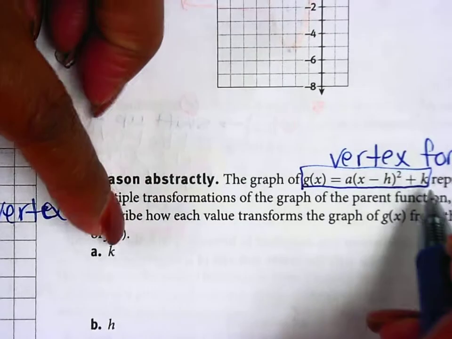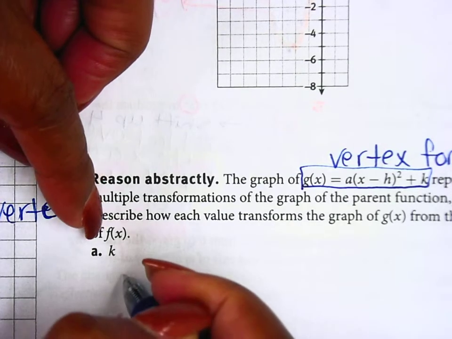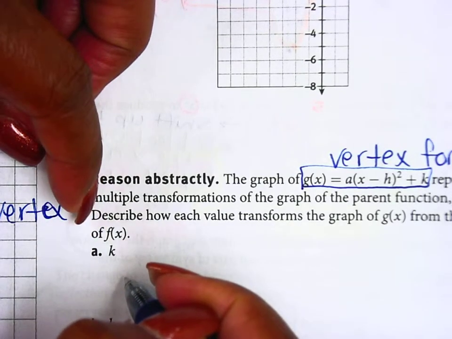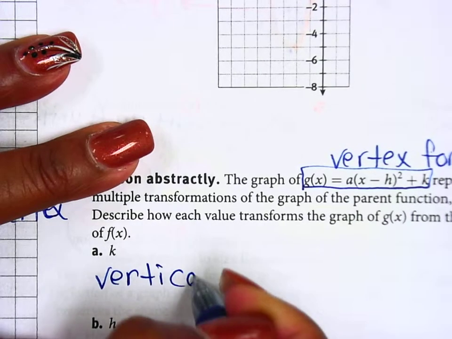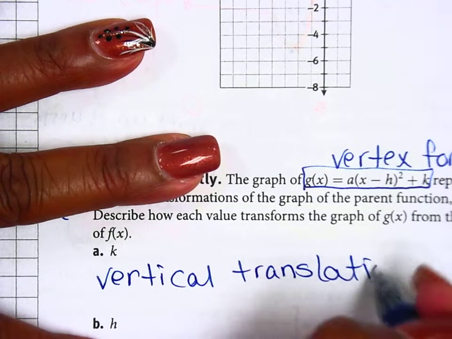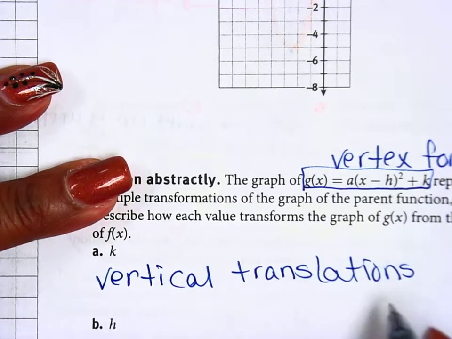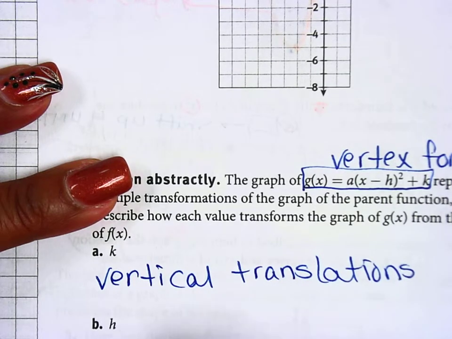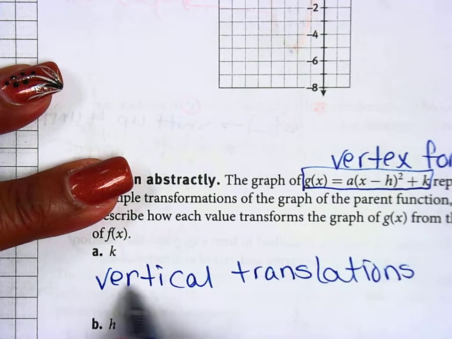Here, the k tells you to either shift up or down. This is your vertical translation, up and down.